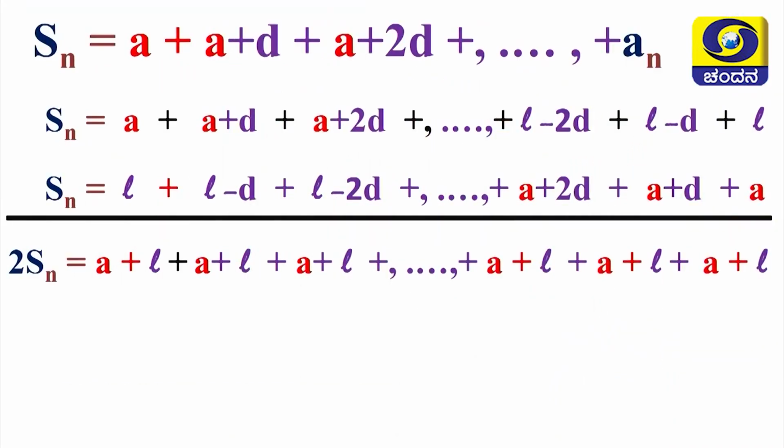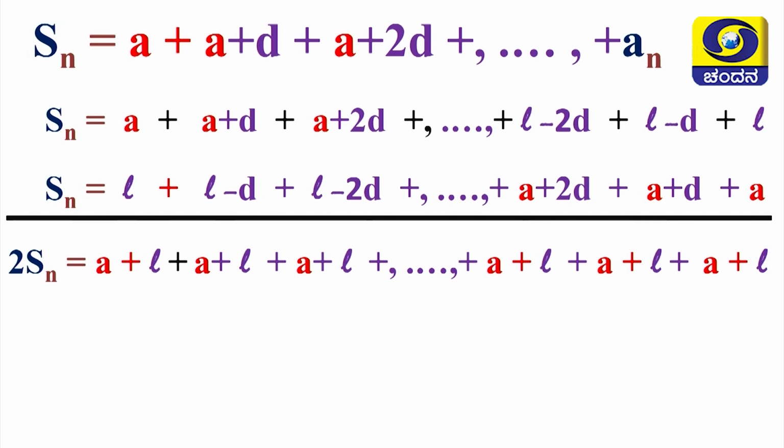You are adding A plus L, first term and first term. Now, please pay attention: you have A plus D as the second term, L minus D as the second term. Add them: A plus D plus L minus D, plus D minus D cancels, you get A plus L, wonderful.